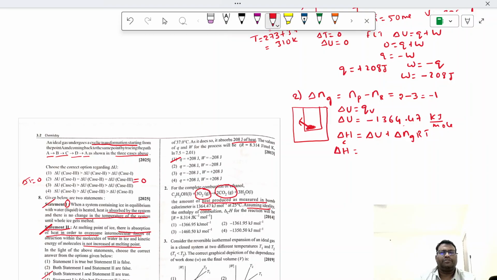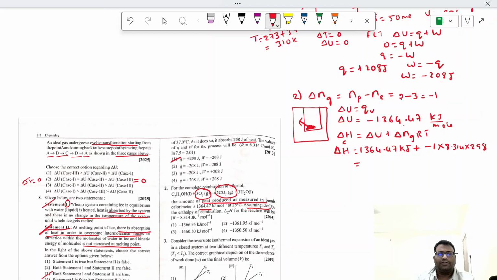Let us see, delta H is given as minus 1364.47 kilojoules, plus -1 into R, given as 8.314, into temperature, which is 25 degrees centigrade. 25 degrees centigrade means 273 plus 25, 298 Kelvin.